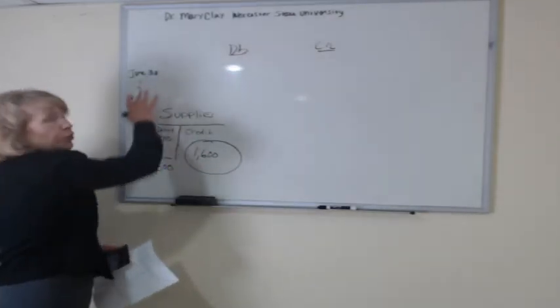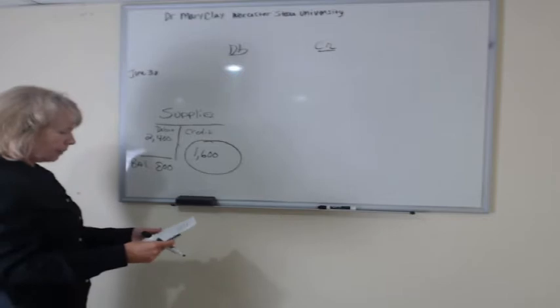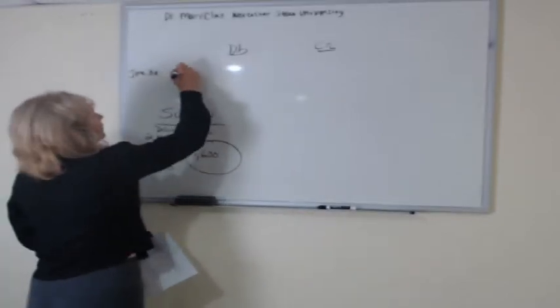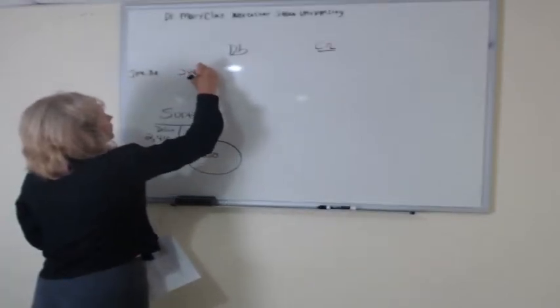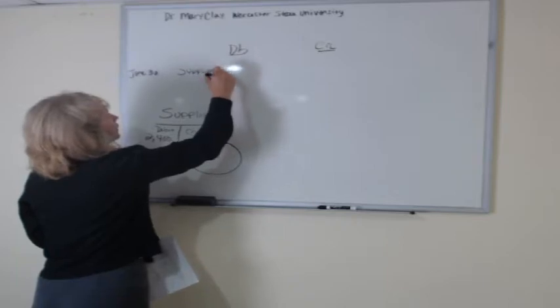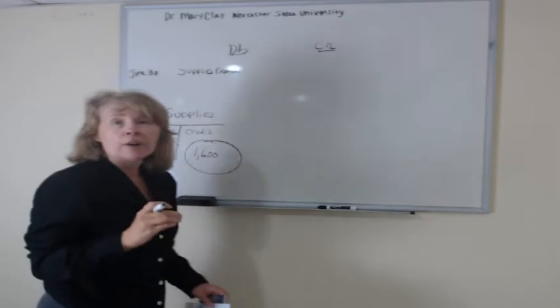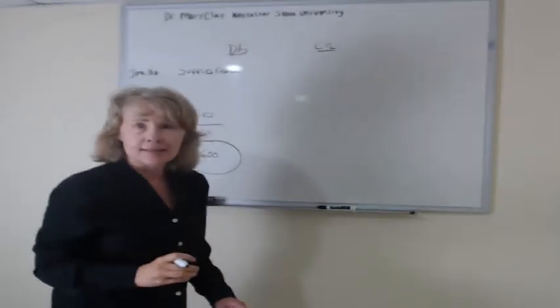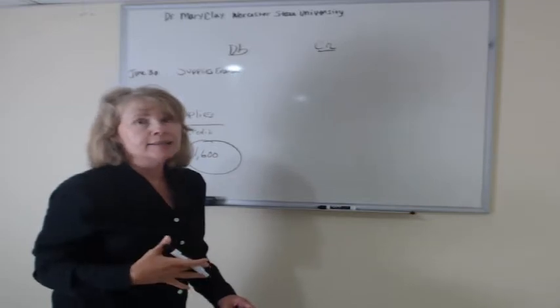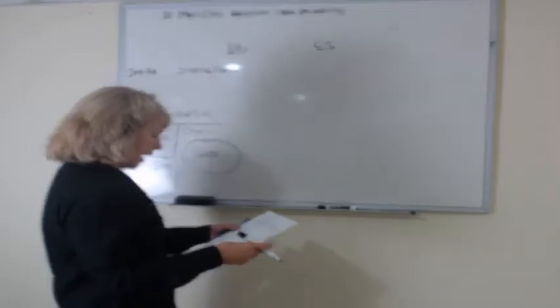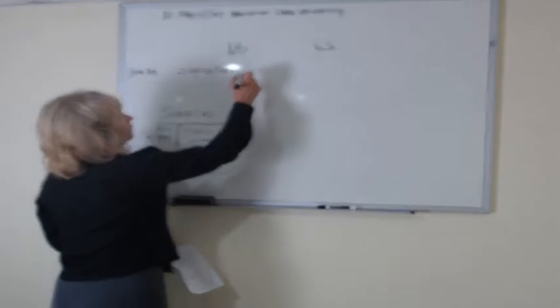This is June 30th. I'm going to put up here supplies expense. Very important. Make sure it says supplies expense. Supplies expense is an expense. So I debit that 1,600.